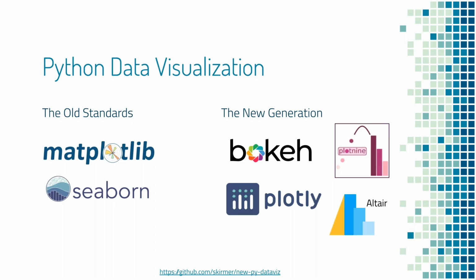So we've got our old standbys, right? Matplotlib, developed in 2003. That might literally be older than some of you out there. And then it was rewritten pretty substantially in 2008, but it's still pretty old and tried and true, I suppose. It's native Python, but it's trying to emulate a MATLAB syntax.